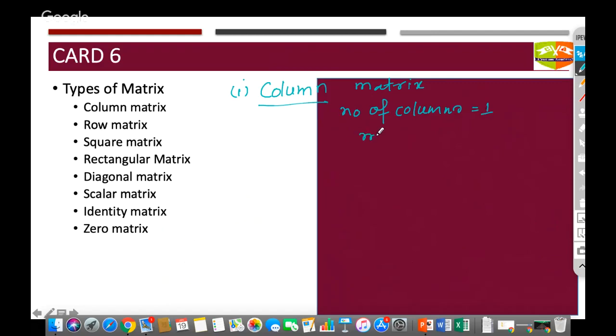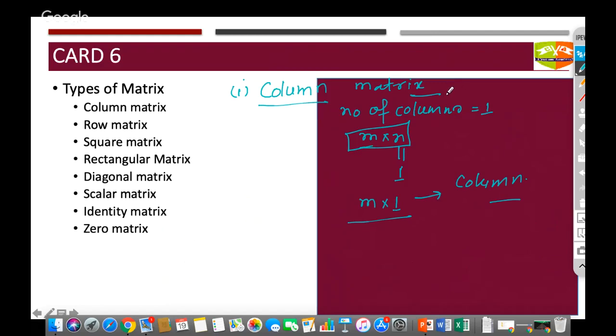It means that if I represent the order of a general matrix by m into n, and if n is equal to 1, so it becomes an m into 1 type of matrix, it becomes a column matrix, that only one column is available here. If somebody is asking you the definition of column matrix, first you should write that a matrix is said to be a column matrix if it has only one column.